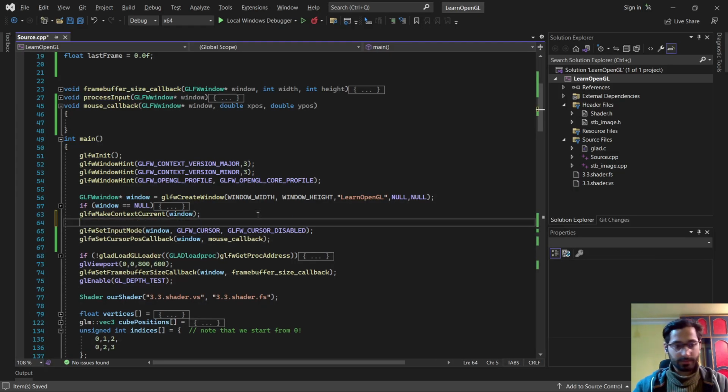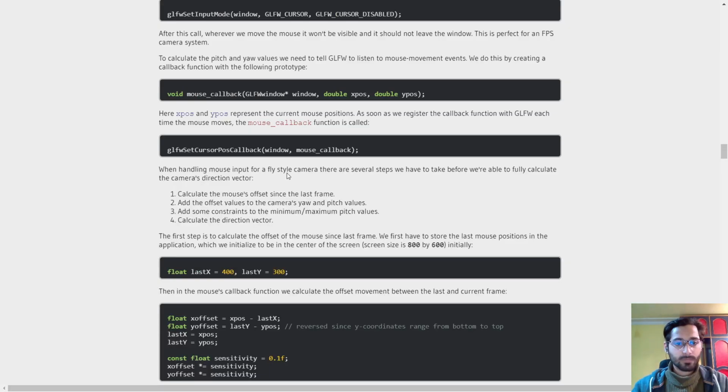Okay, I'm just gonna add a comment here. When handling mouse input for a fly-style camera, there are several steps we have to take before we're able to fully calculate the camera's direction vector.